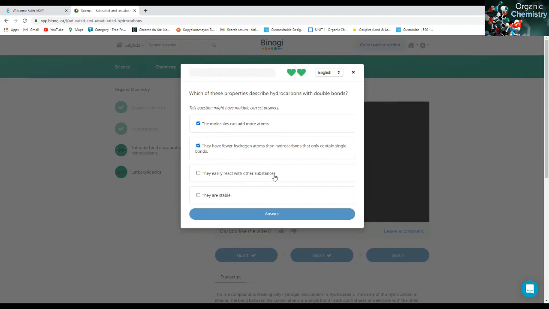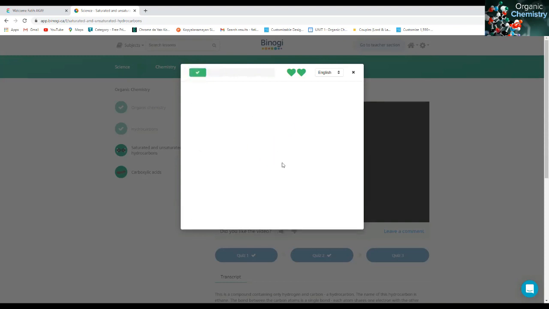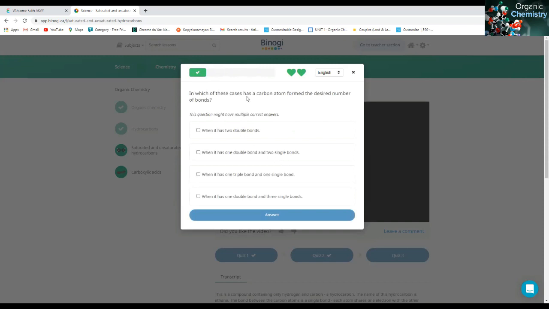They easily react with other substances. In which of these cases has a carbon atom formed the desired number of bonds? When it has a double bond and 2 single bonds, when it has 1 triple bond and 1 single bond.